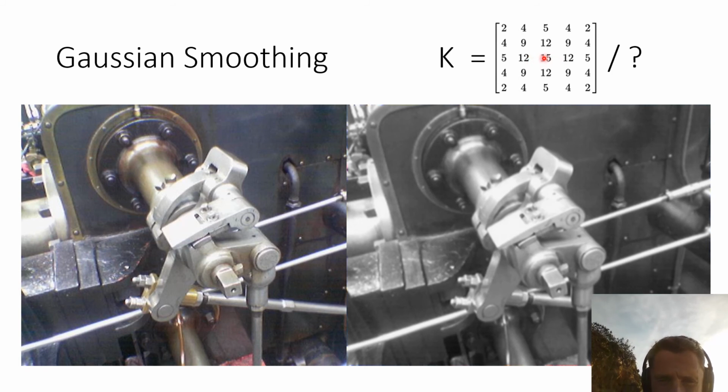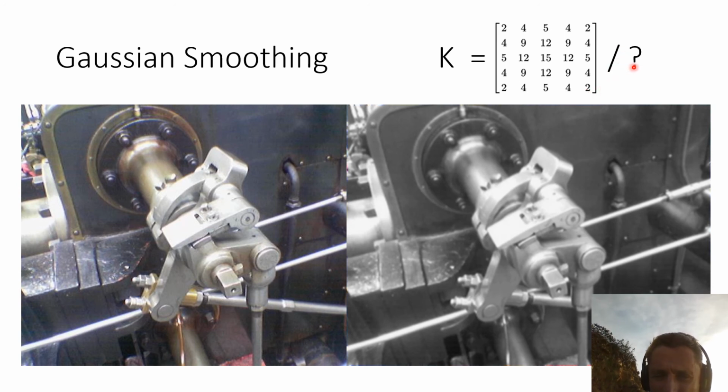So going to the periphery of the kernel, the image pixels are weighted less and less, and the way this function falls off is a 2D Gaussian. So you could look up the function on Wikipedia, and then you'll round those values, and then you come up with this kernel.